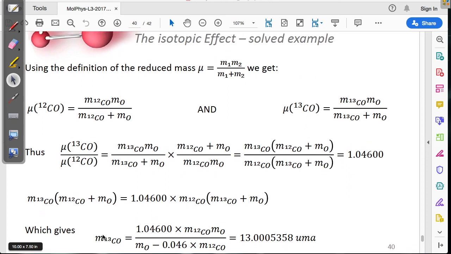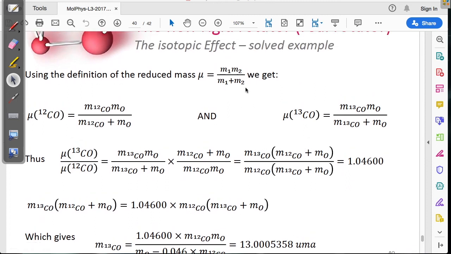Now, the reduced mass, we know its formula. It's M1 M2 over M1 plus M2. In the CO12 molecule, M1 is M of C12. Well, this is also a typo here. I haven't noticed it before. It's without an O here. So that's the mass of the C12 times mass of O over mass of C12 plus mass of O. And here it's mass of the C13 times M of oxygen over mass of C13 plus mass of oxygen.